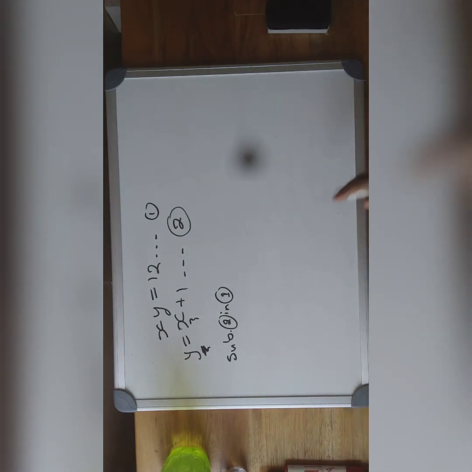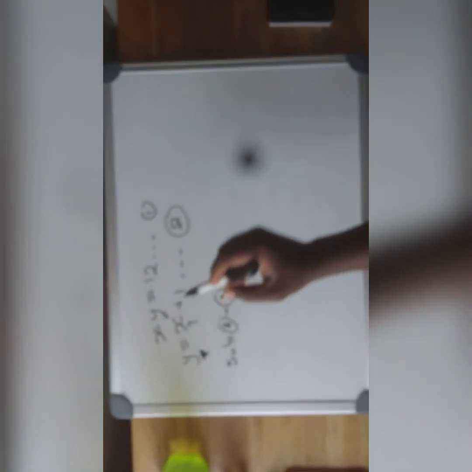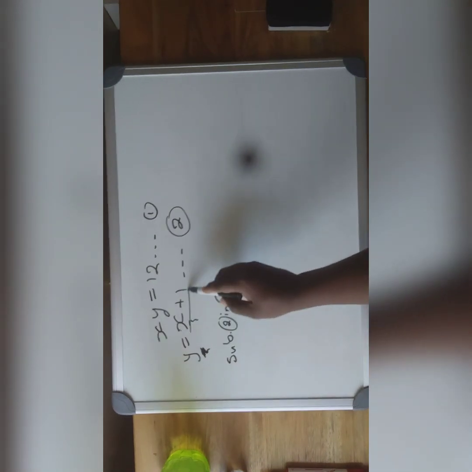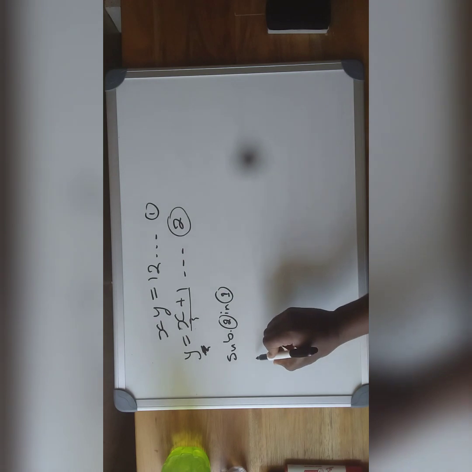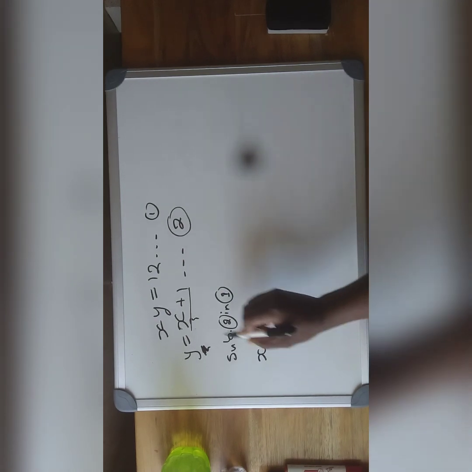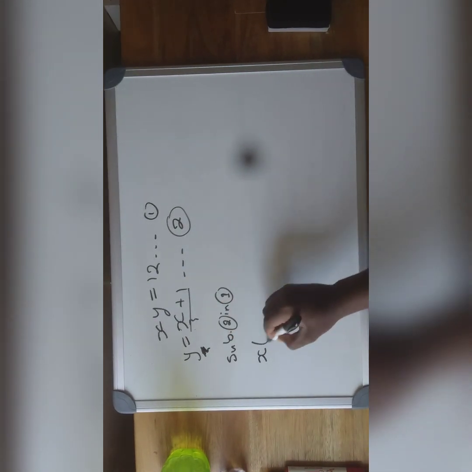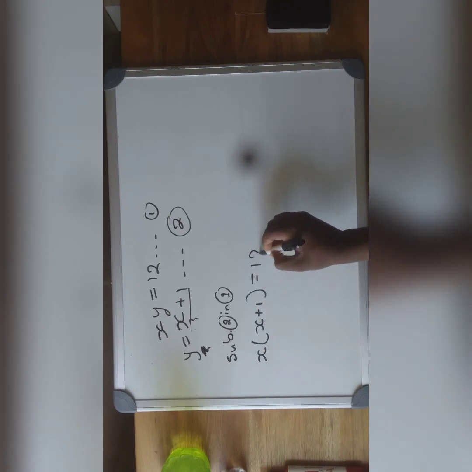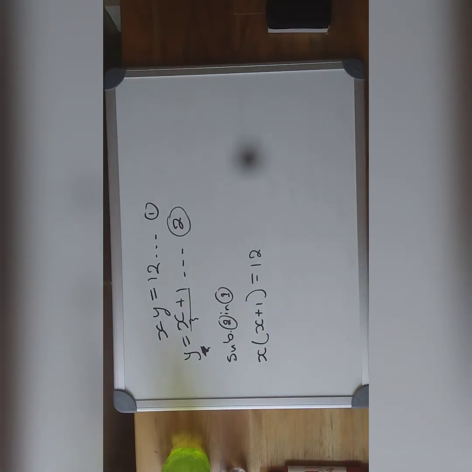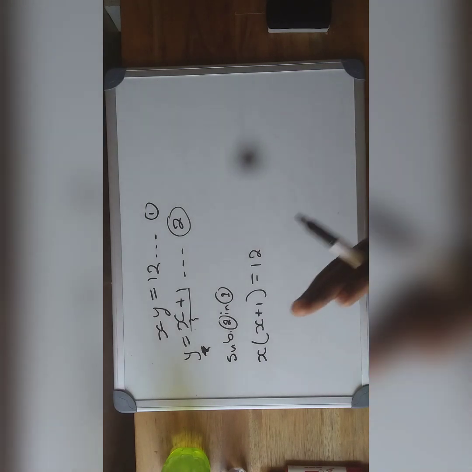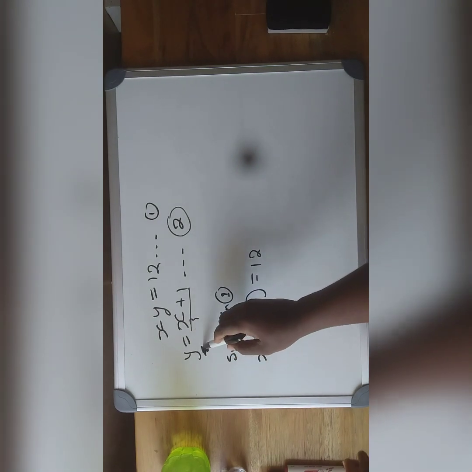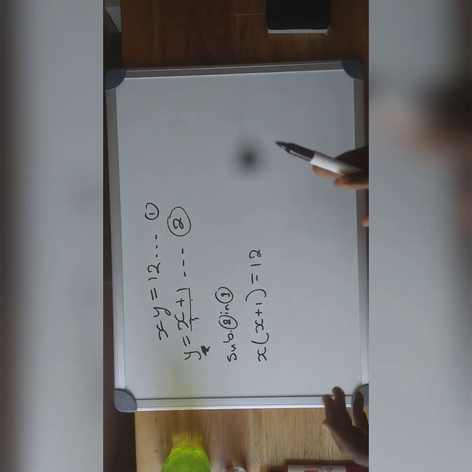So by doing so, whenever in equation 1 we see y, we put x plus 1. So it should be x times (x plus 1) being 12. You see how simple it is. Whenever we see y, we put x plus 1 because we know that y is equal to x plus 1.